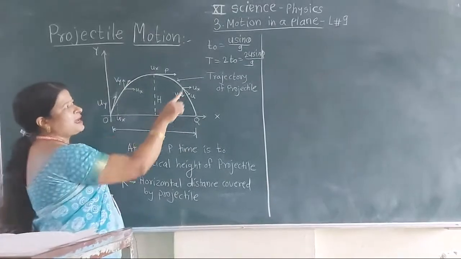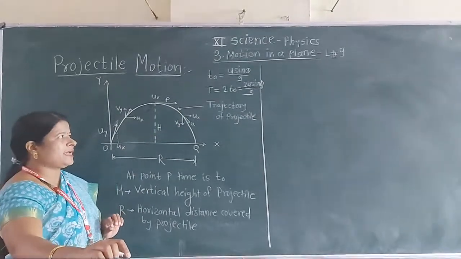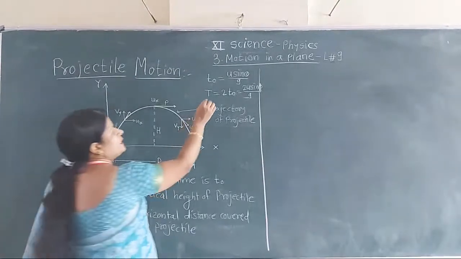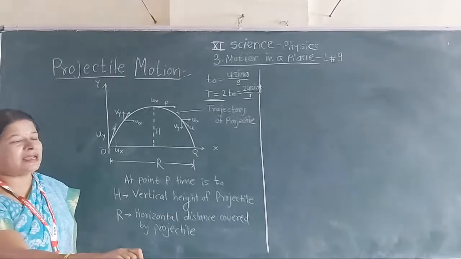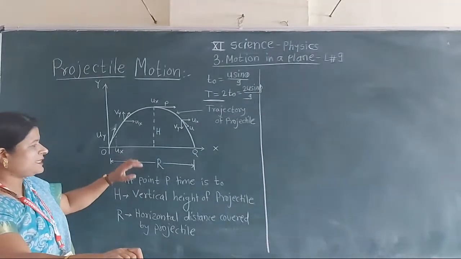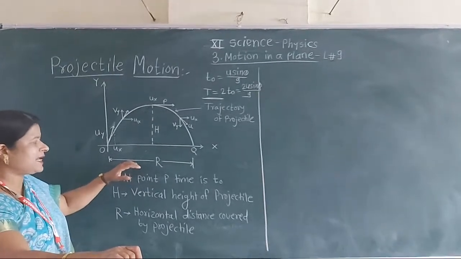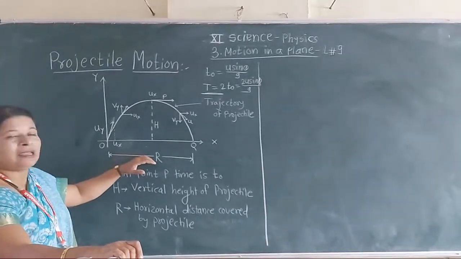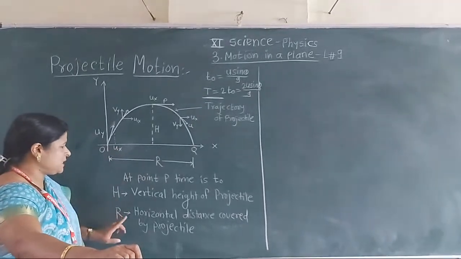From this formula we get the total time required for the projectile. So we get the time factor for projectile motion. Now the next equation we have to find for a projectile is the range of the projectile. Range means horizontal distance.